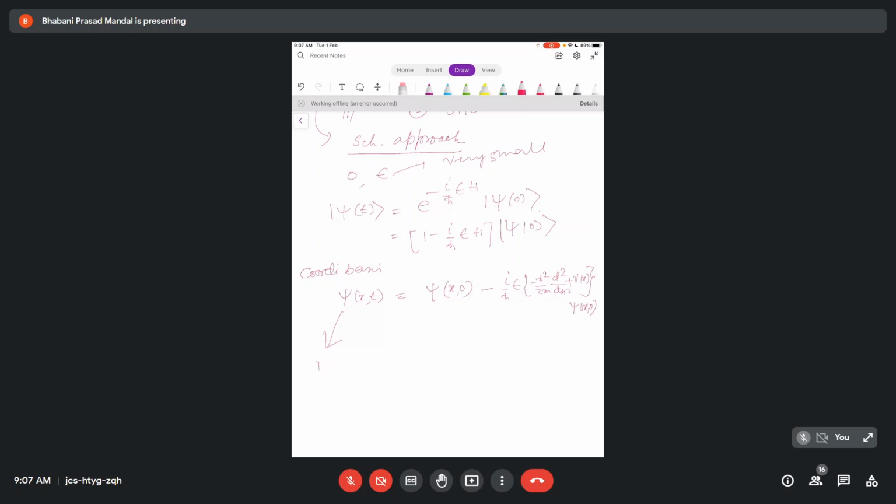This is the quantity you can calculate by time evolution through the Schrodinger approach, taking that infinitesimal time.